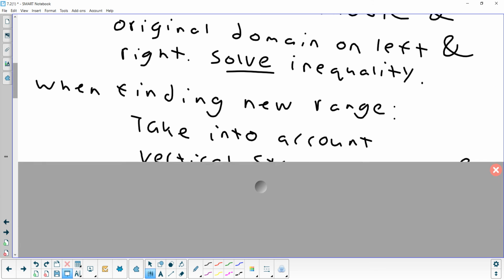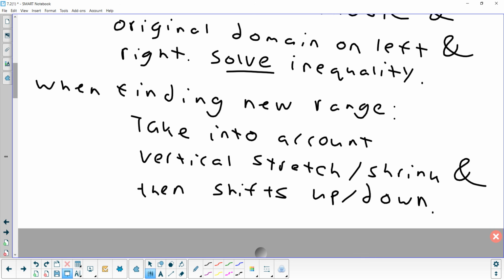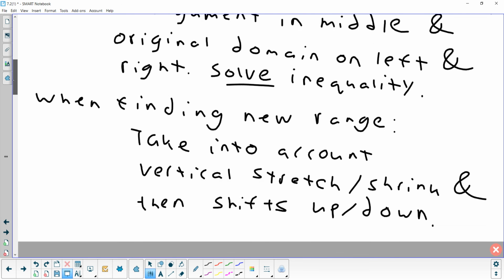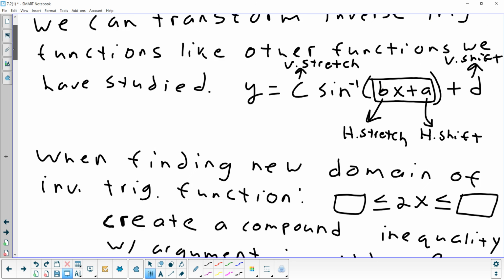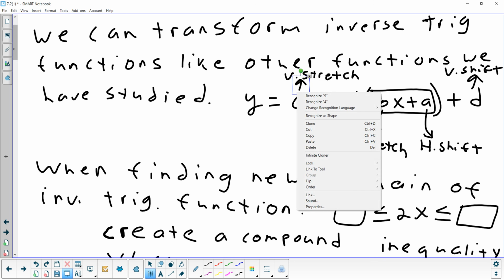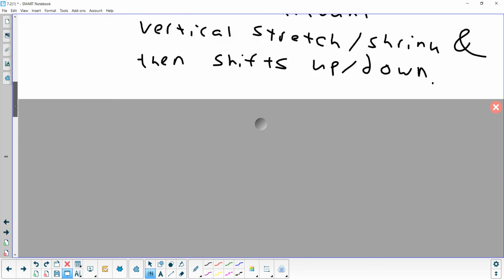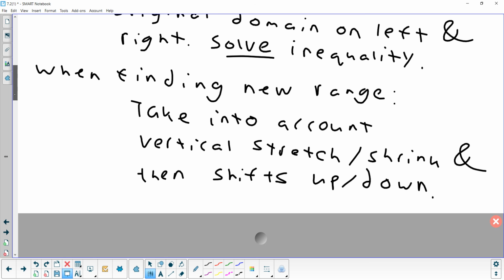For range, you have to take into account 2 things. And the order you take them into account is important. With vertical stretches, with vertical transformations, do the stretch first, do the shift last. C, then D, alphabetical order. So let's say, I'm making up a range. Let's do -1 to 1.